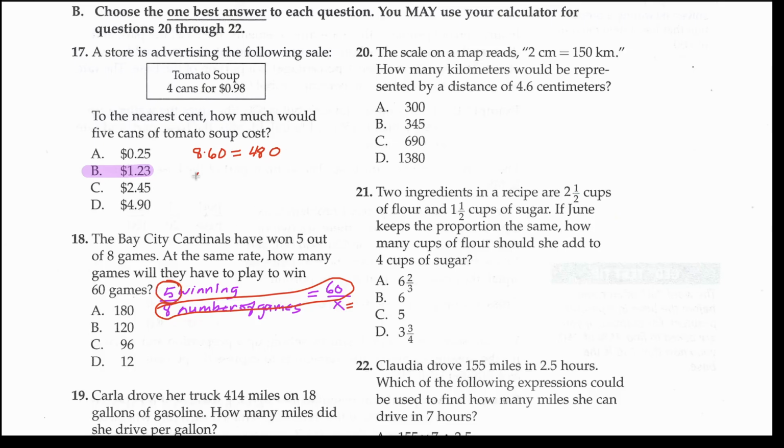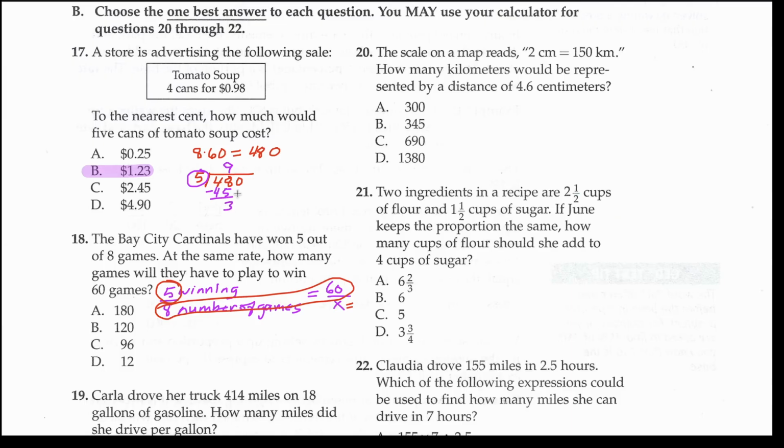So let's do that here. 5 goes into 480. Now, how many 5s in 48? That's 9 times. 9 times 5 is 45.